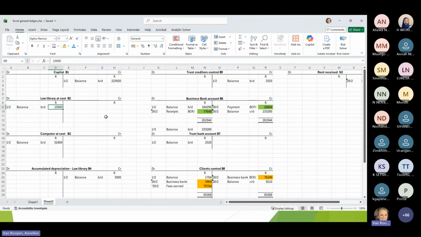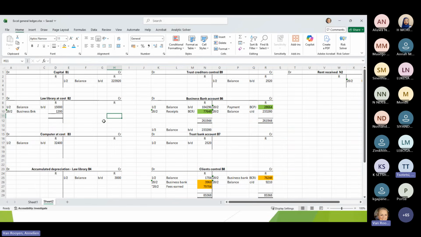We can quickly do the law library. We bought on the business bank. Okay, if we balance this, we can clearly see which side is the largest.